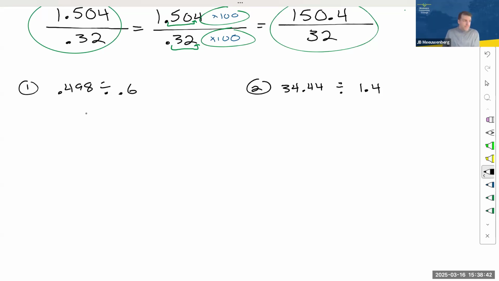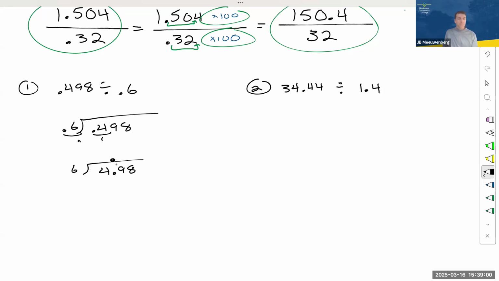So if you've done these, then you may have started off by setting up your long division problem. The first thing you would do on number 1 is move those decimals 1 spot to the right, changing it to 4.98 divided by 6.